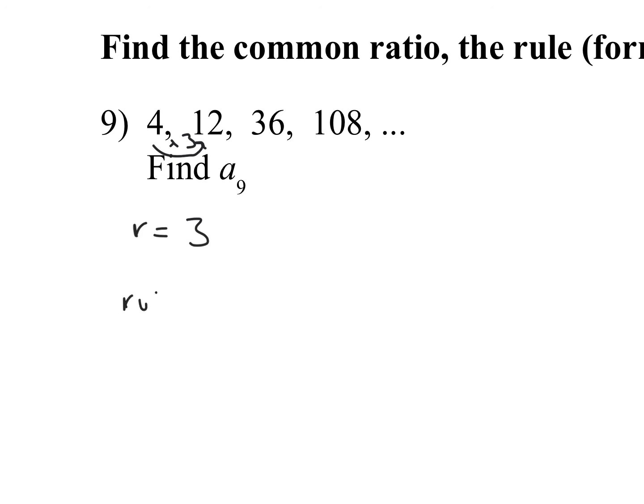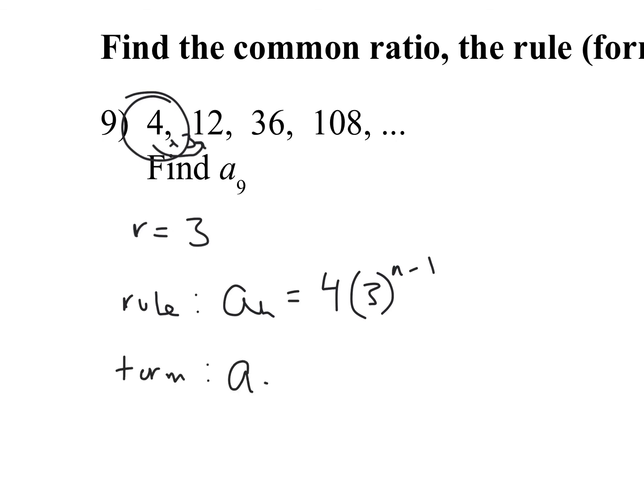Our rule is a sub n is equal to, we have a different formula when it's geometric. So this is our first term, 4, times our common ratio, which is 3, to the power of n minus 1. We can just leave it like this. There's our rule.